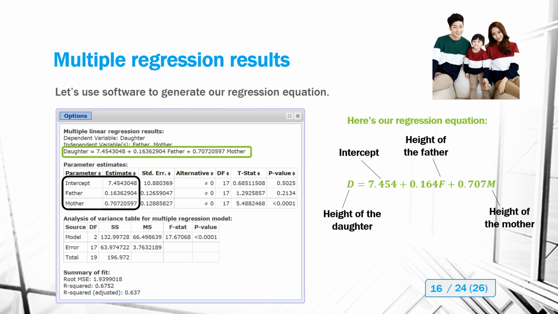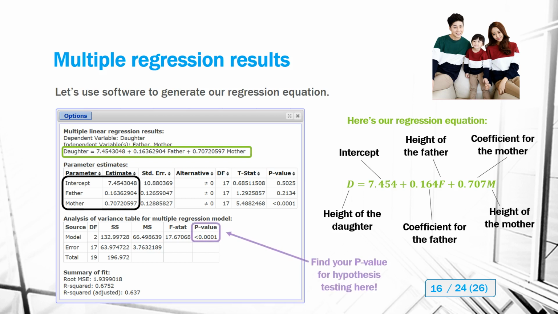So 7.454 is the intercept value, and then the coefficient for the father, 1.64, and the coefficient for the mother, 0.707. This then forms our regression equation. We find our p-value for hypothesis testing here. Now, I know that we've also been looking here at the bottom of our parameters table for the p-value.